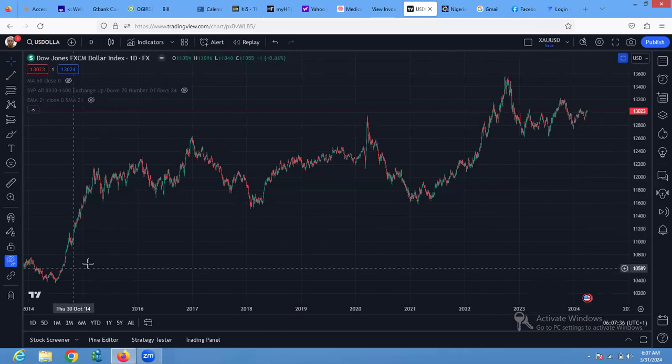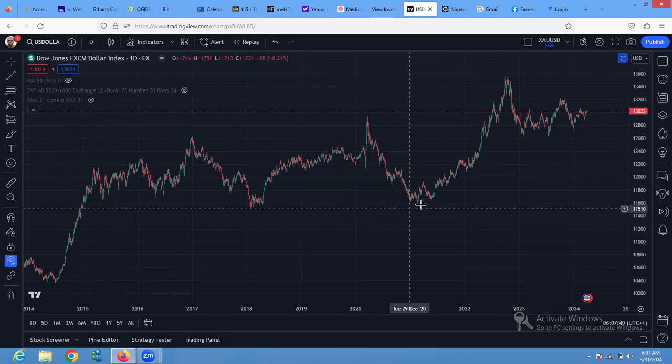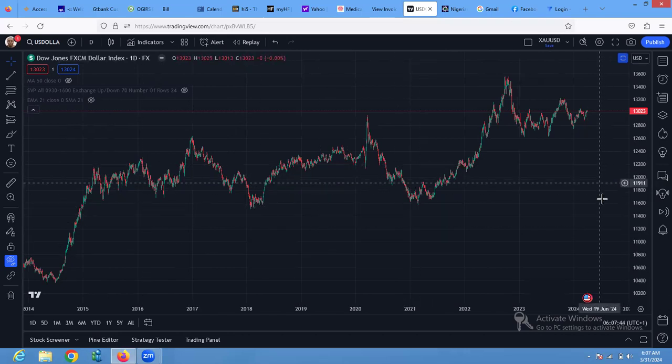So that is the imaginary line from this low, touching this low, and we see if we are going to break it to the downside or not. It's only when you break it to the downside that you tell yourself there's a possibility of a trend change, for the dollar to lose big time.